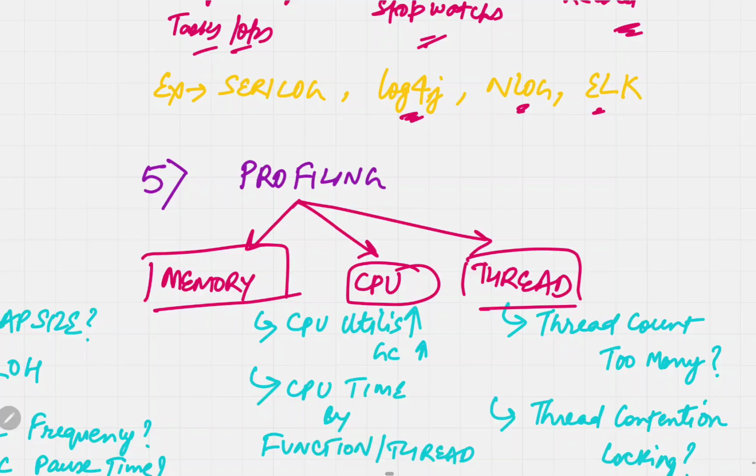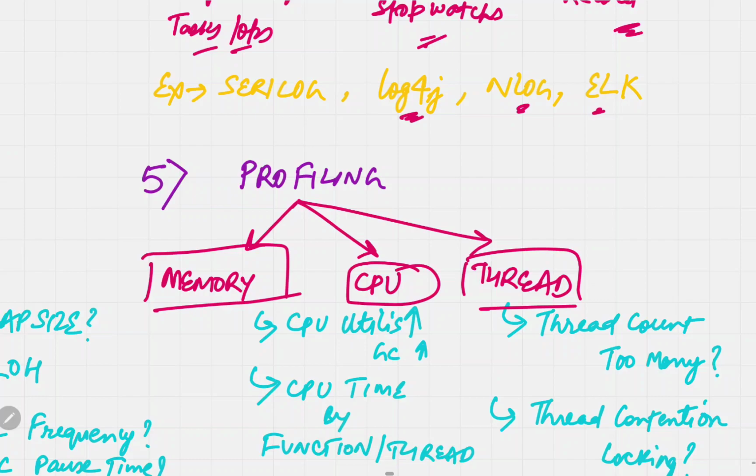Suppose the CPU is spiking up in the dev server or whichever area we look at. So think why the CPU is spiking. There are very limited metrics which are very important, and you need to know, if I have this metric and it is increasing, what is happening.